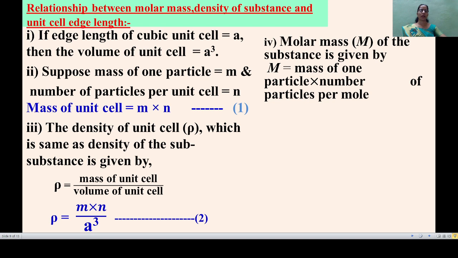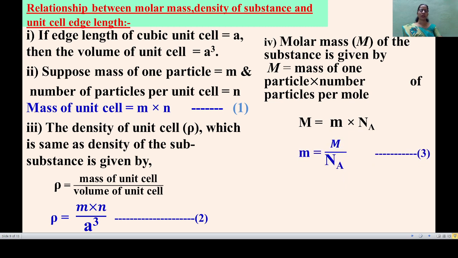Therefore, the molar mass of the substance will be equal to the mass of one particle into the number of particles per mole, that is Avogadro's number of particles. Thus, here we can write M is equal to small m into Na.